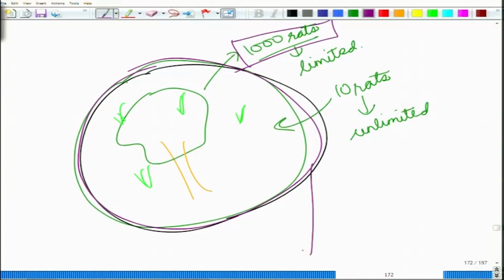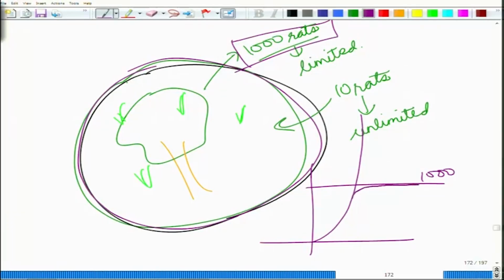So, in that case your population will not just go on increasing exponentially, but as soon as it starts reaching this stage of 1000, it will start declining, and then it will become more or less constant at 1000. So, you will have an S shaped curve. This curve, which is S shaped, goes by the name of a sigmoidal curve, and this value that you will get at the top represents k, which is the carrying capacity of the environment, or the number of individuals that the environment can support.